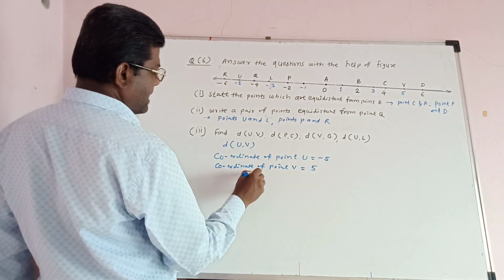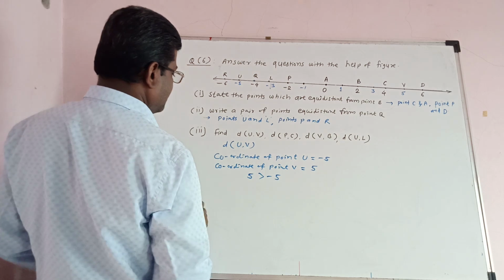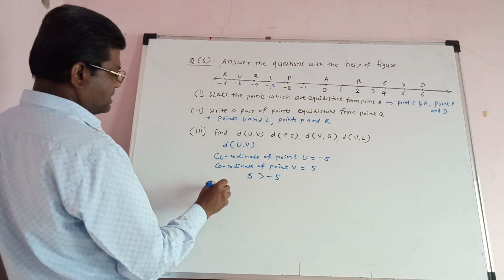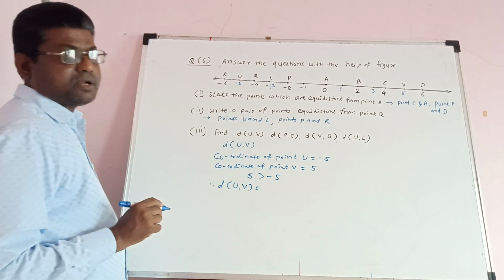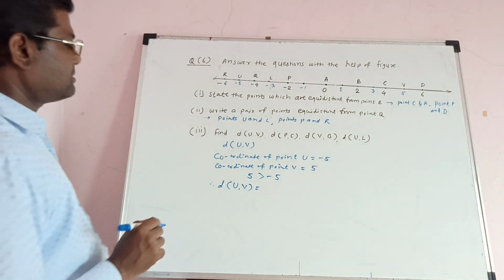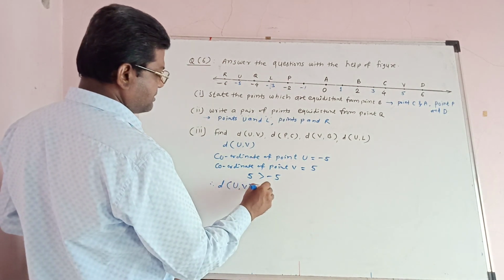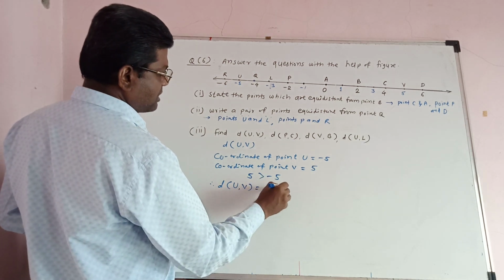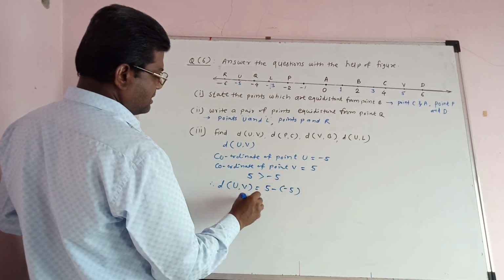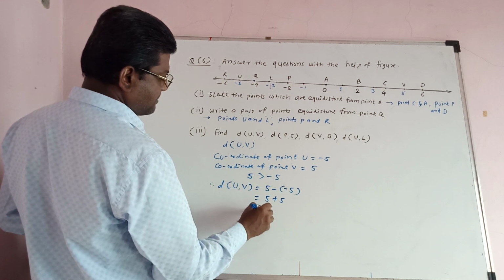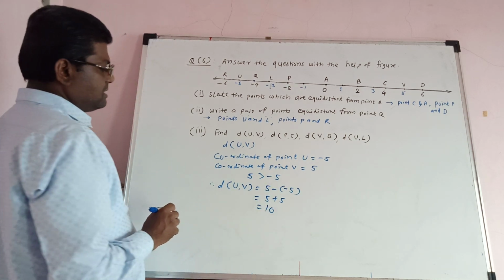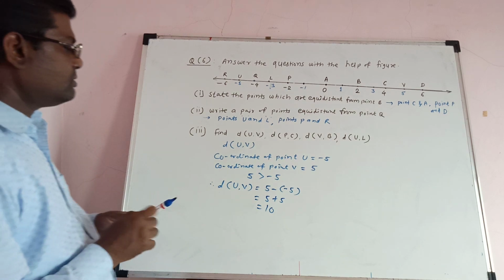Now let us see, 5 is greater than minus 5. Therefore the distance of UV is equal to the larger coordinate minus the smaller coordinate. The larger coordinate is 5 minus the smaller coordinate minus 5, is equal to 5, minus will be plus 5. 5 plus 5 is equal to 10. Distance of UV is equal to 10.